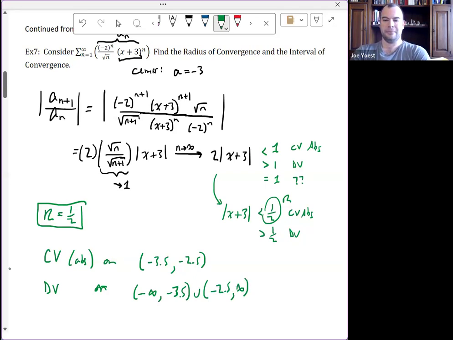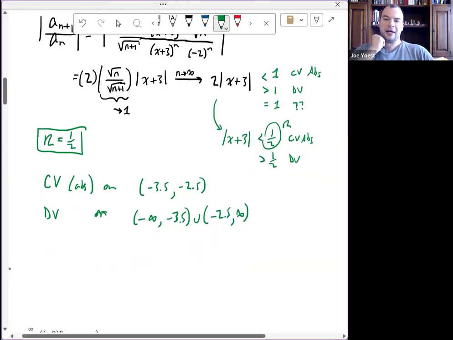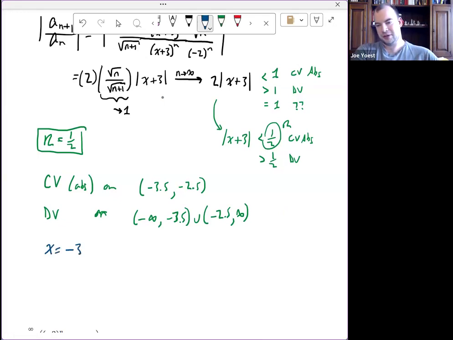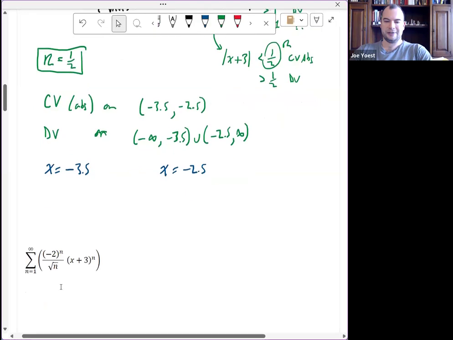I diverge there. And as is often the case, I have these endpoints that I need to check. So I need to check what happens at x equals -3.5 and at x equals -2.5. So I'll check those two to see what happens there.